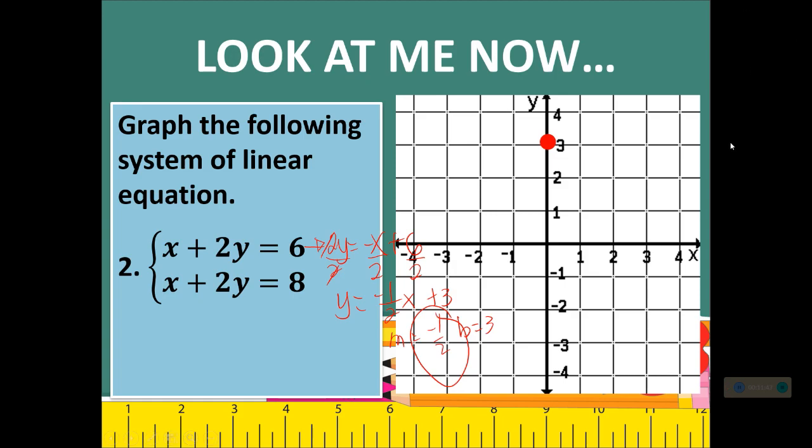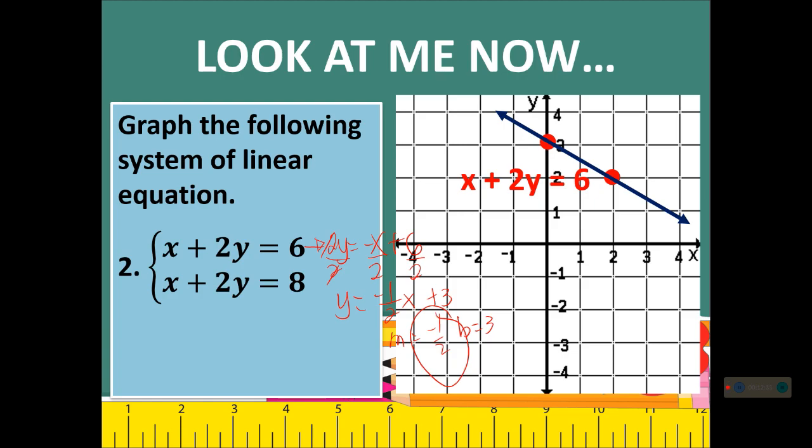So from this point, negative 1, and then positive 2 units. So this is the second point. And then that will be the graph of the first equation, x plus 2y equals 6. So do not forget to label. Okay, any question in equation 1?